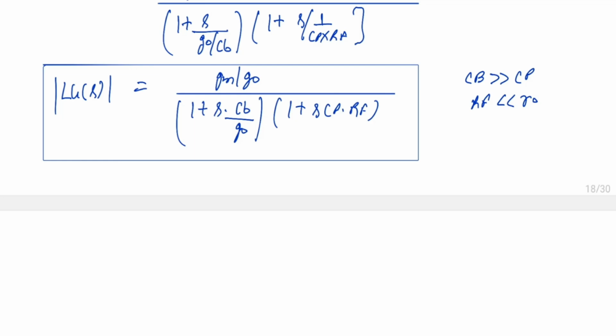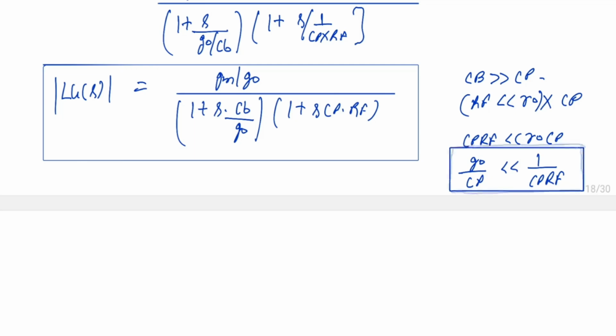Suppose I am multiplying by CP in this equation, so that will be CP RF greater than R naught into CP. So G naught by CP will be less than 1 by CP into RF. Along with that you can also multiply by CB and get one condition. At this condition we are getting this loop gain transfer function.